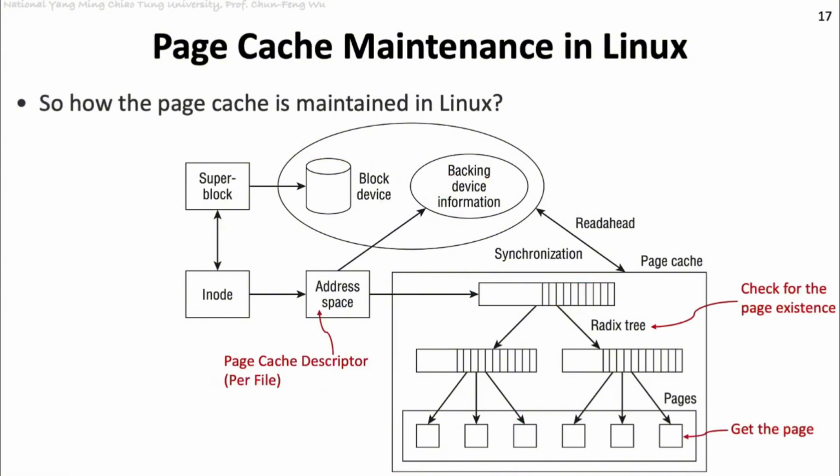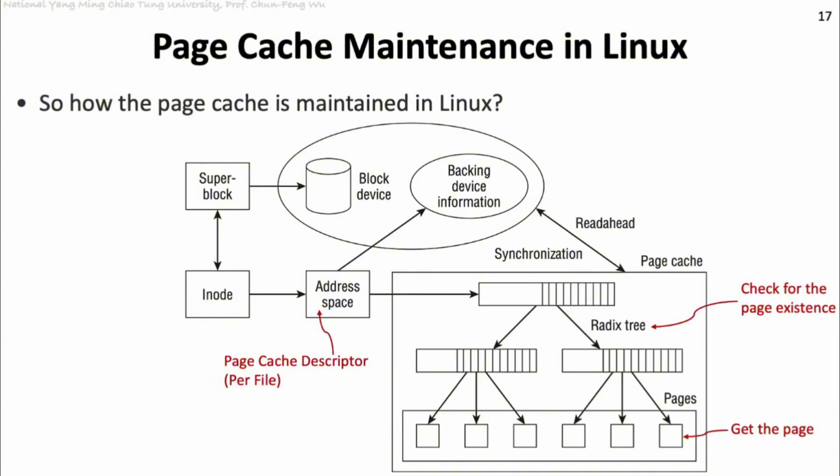So here comes the data structure part. For each inode, there is its own page cache descriptor, and we call it the address space. What do I mean by this? An inode describes a file in the storage device.